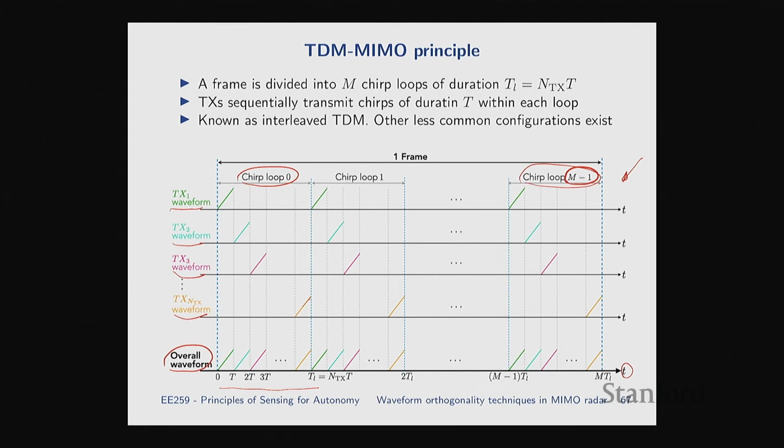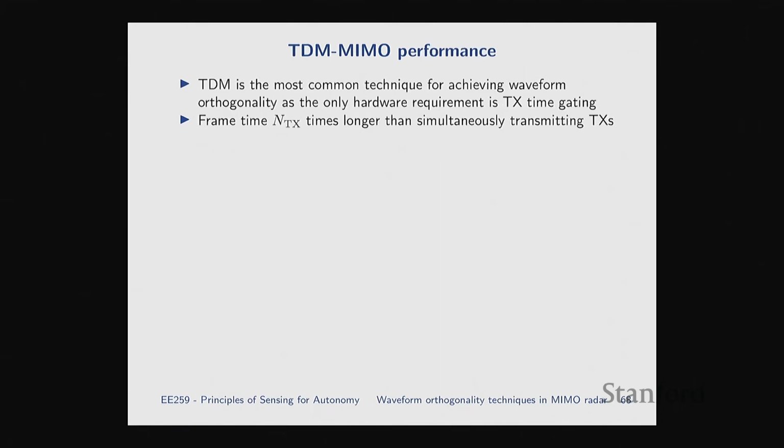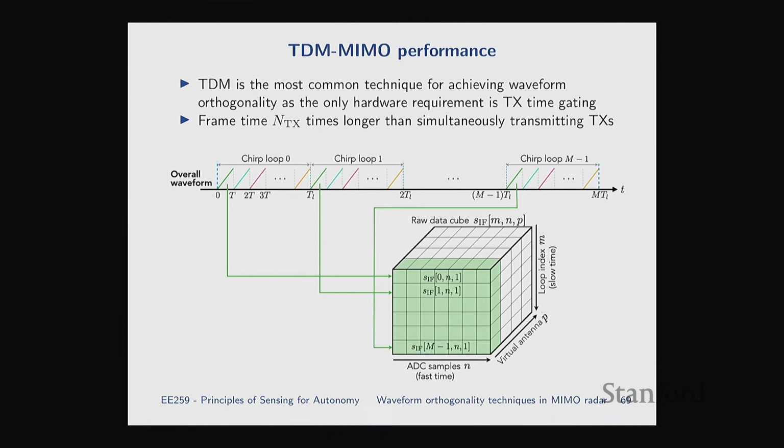Okay, but it has even more important consequences. And the main one that basically becomes a big limitation of TDM MIMO is if you look at this picture here. Remember, when we're looking at the data cube of our radar, we have different sampling rates, right?